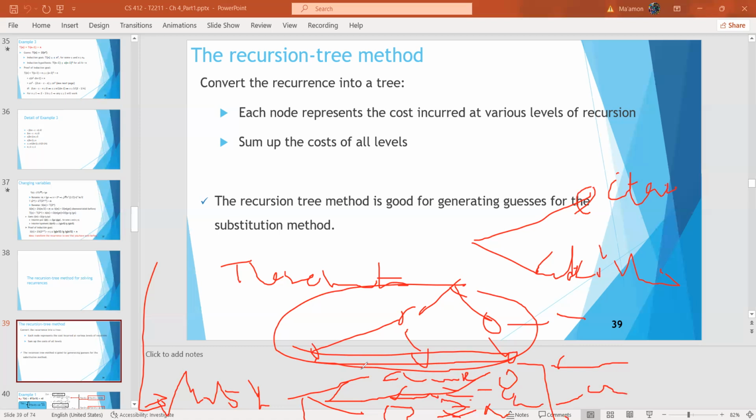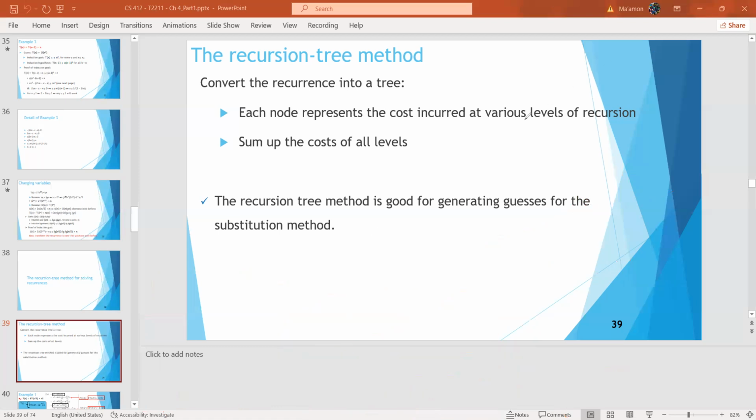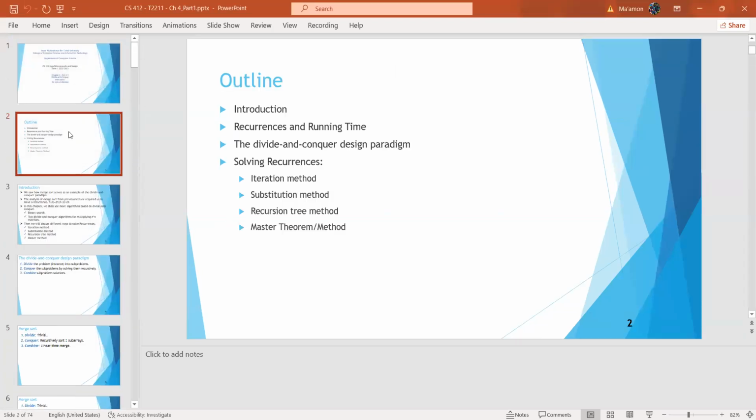So in the master theorem here, we have three possibilities. We will discuss them later. And we have the master theorem method and the recursion tree method. We have this 1 and 2.